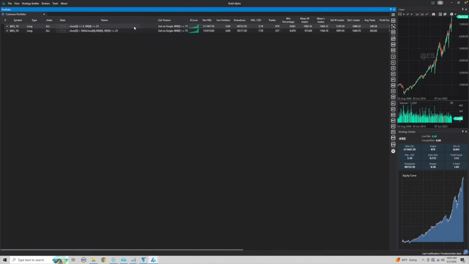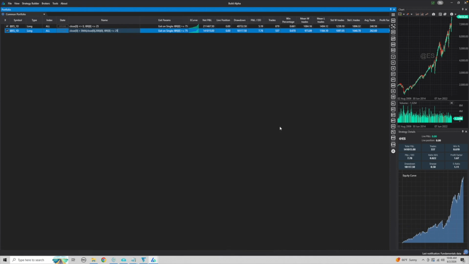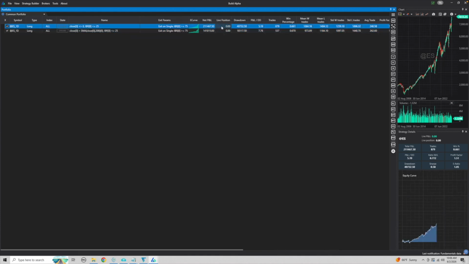And here it is. The very first one here, you can see by the name of the strategy, is just the initial strategy we had with the IBR indicator. The one below it is the one that contains our regime filter. Off to the right hand side we can see the equity curve of that one with the regime filter. Look at the net profit versus drawdown, 7.78, and then let's go and highlight the other one, and it's 5.19.